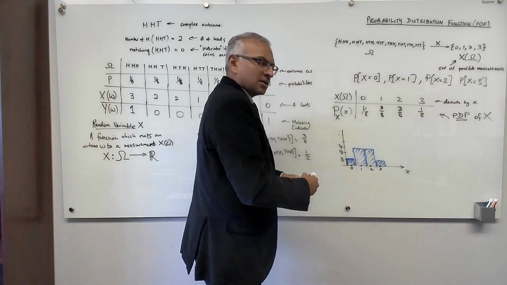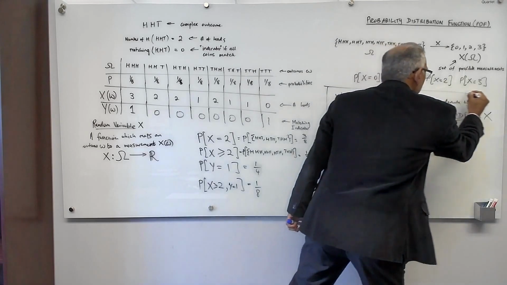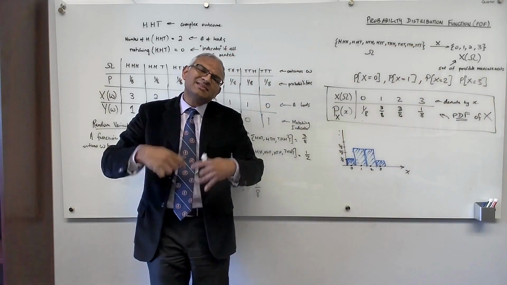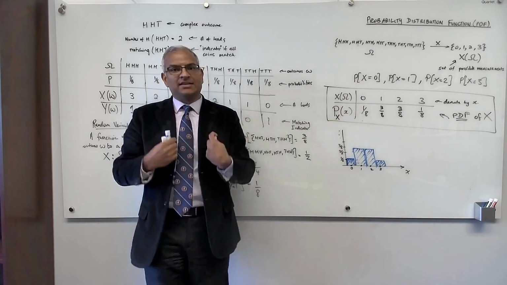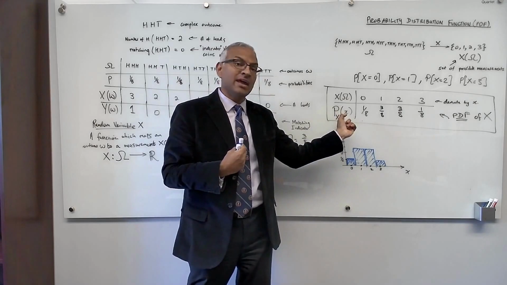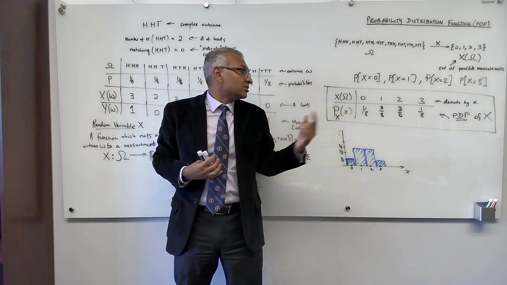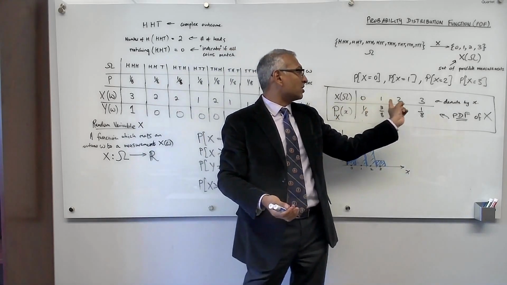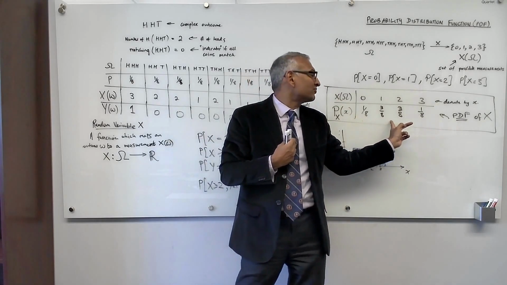And in some sense, we can now focus on this probability distribution function as the essential summary of the experiment with respect to what we are interested in. We are interested in the number of heads, or in the temperature, if we're looking at a physical system. So we are interested in the number of heads, and the only thing that we care about is what are the possible values of heads, and what are the probabilities for each possible value.